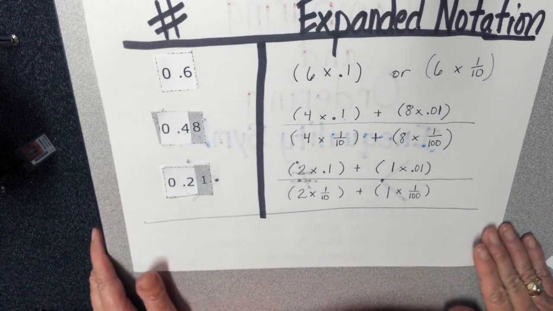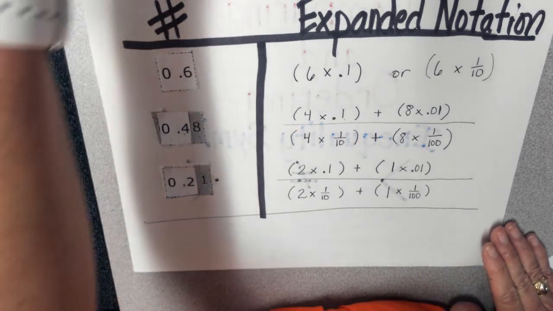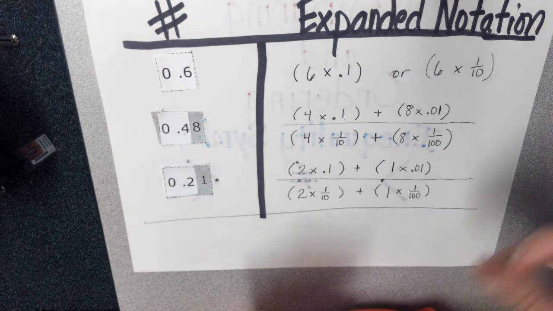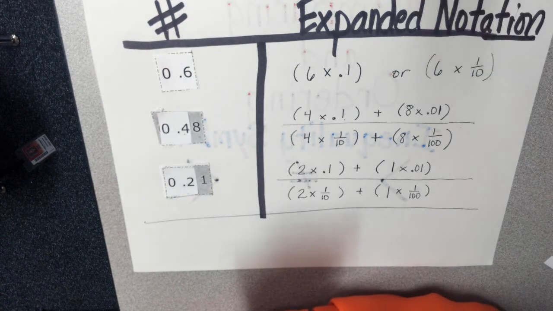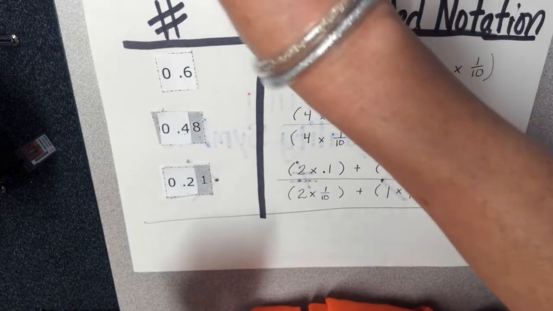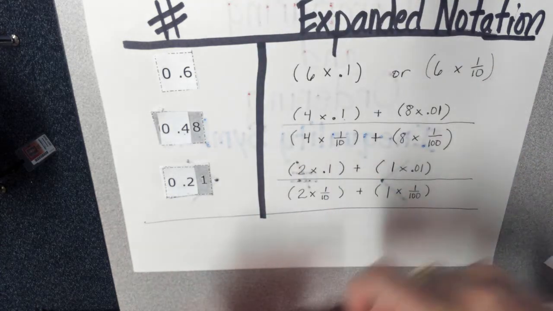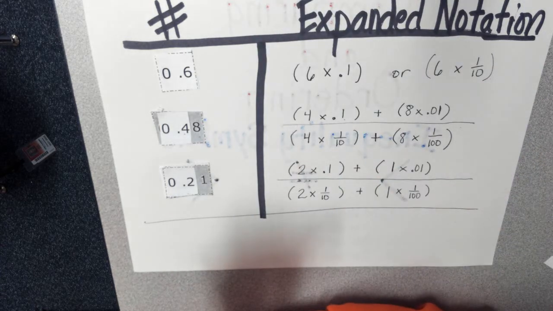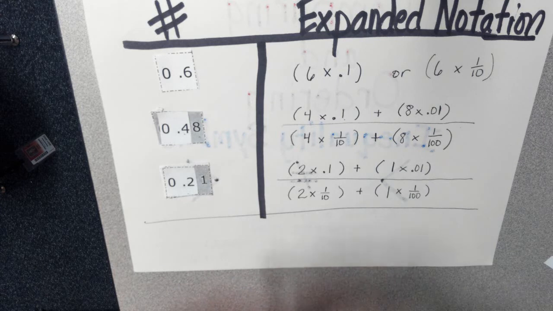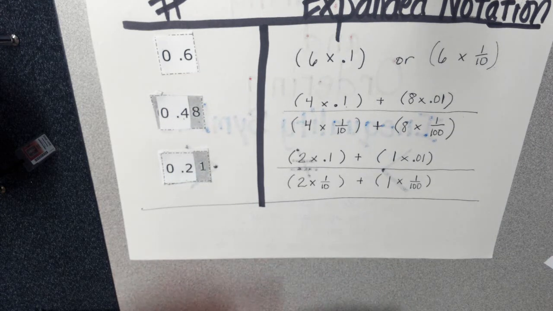But I want us to make the number 938 thousandths. 938 thousandths.